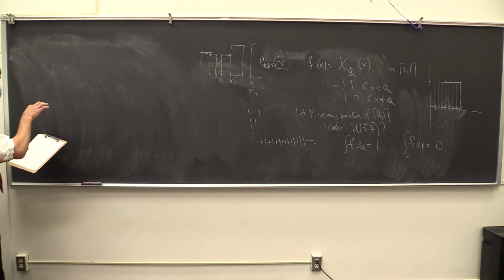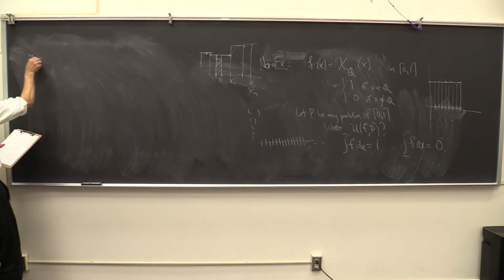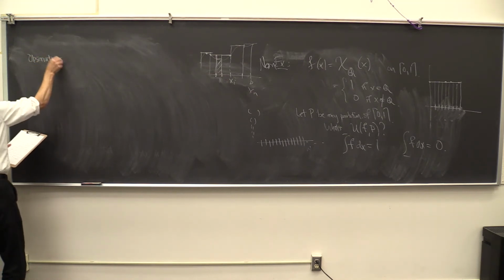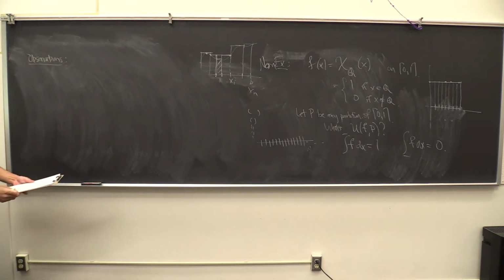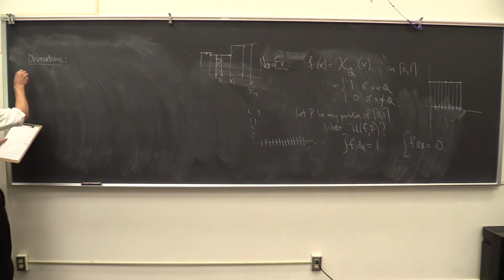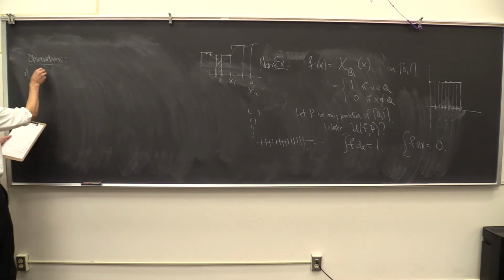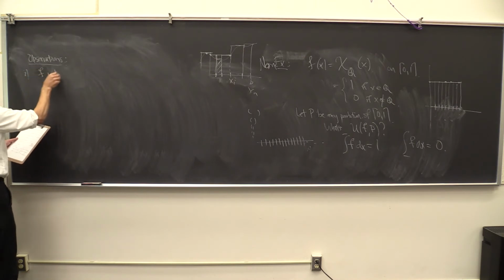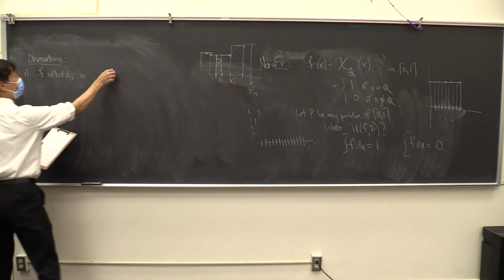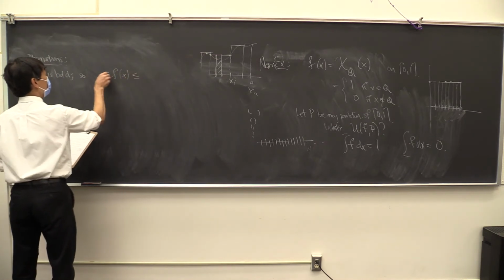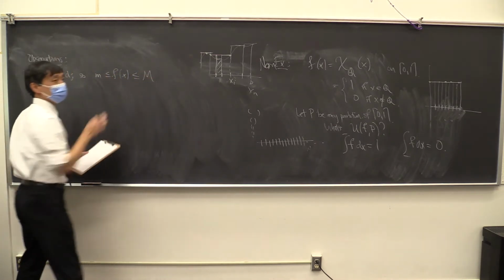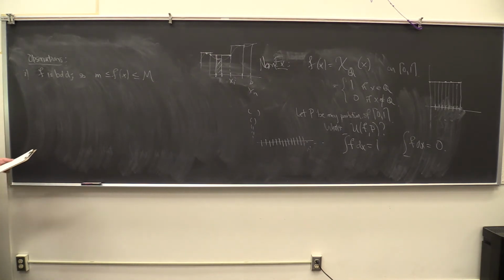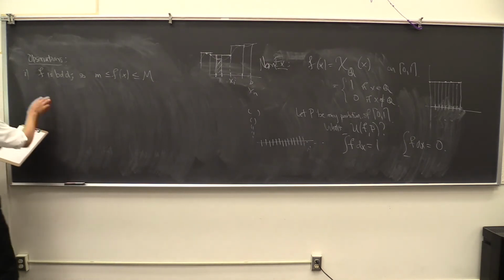Okay, some observations. Okay, let's see. First off, recall that f is bounded, right? So the values of f lie between some little m and some big M. Okay, so I'm just going to make a very dumb observation.